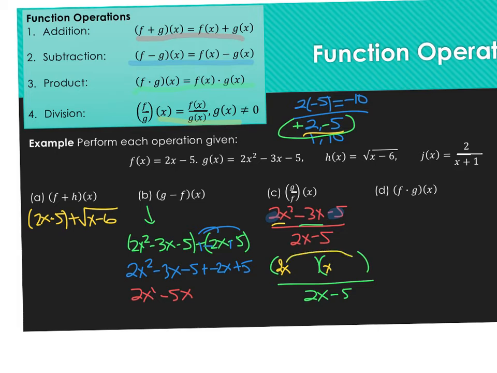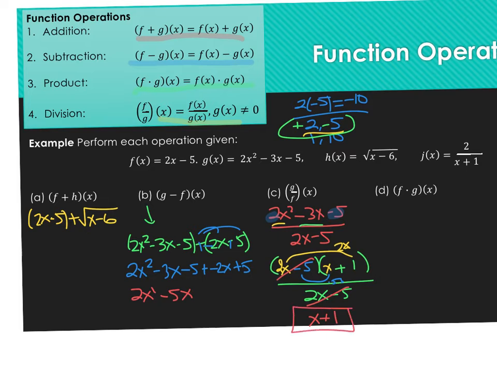So I'm asking myself, 2x times what number gives me positive 2x? Hopefully you recognize that's a 1. And x times what gives me negative 5x? Well, negative 5. And then look what happens. Your 2x minus 5's cancel, and you're left with x plus 1.